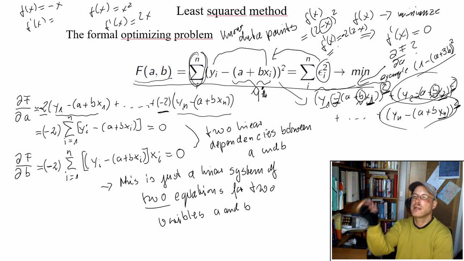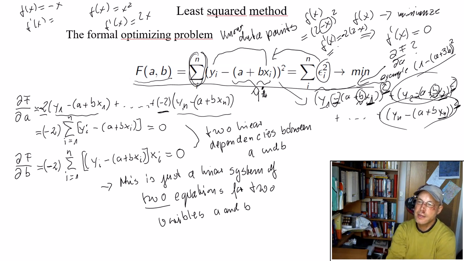For example, you can solve the first one for a, depending on b, then feeding in this solution for a into the second one, then you are only left with your variable b, and then you can directly solve for b.